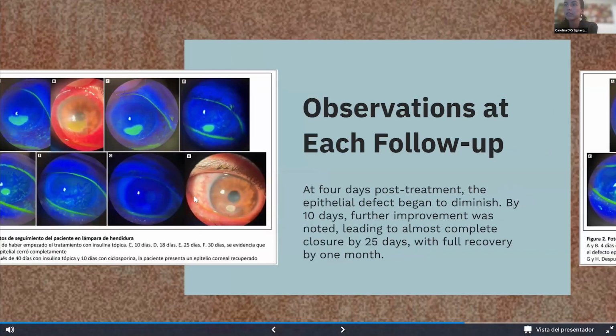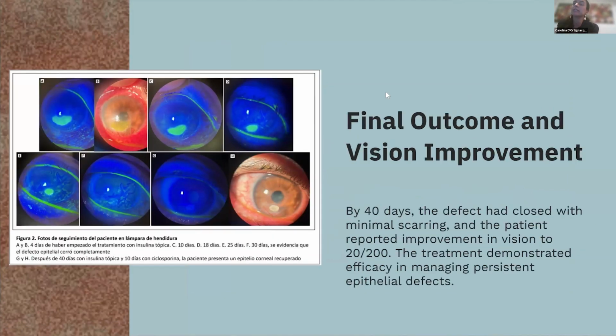So we can see here the evolution. By 40 days, the defect had closed with minimal scarring, and the patient reported improvement in vision to 20/200. The treatment demonstrated efficacy in managing persistent epithelial defects.